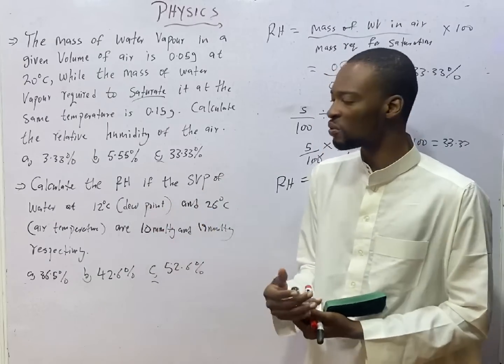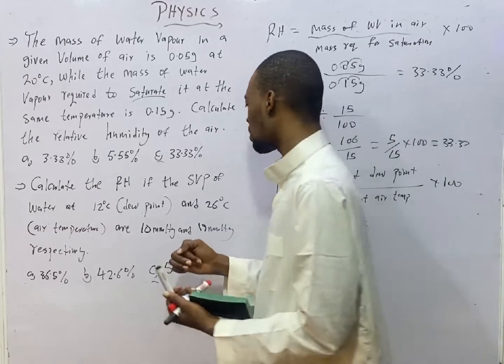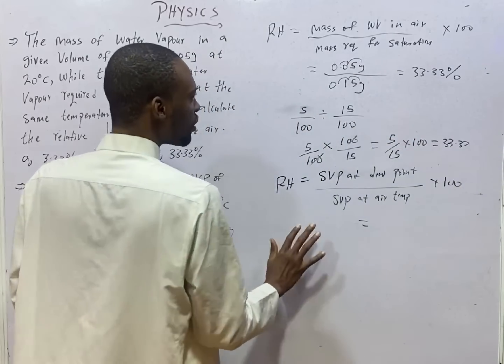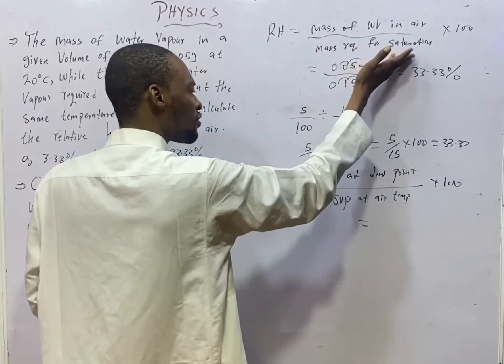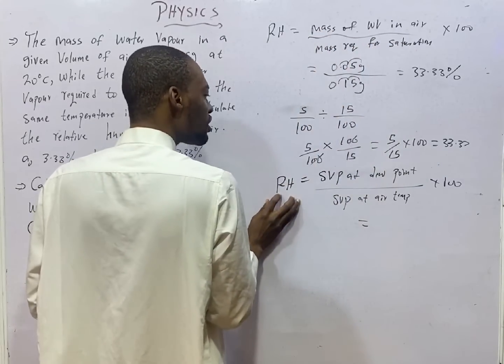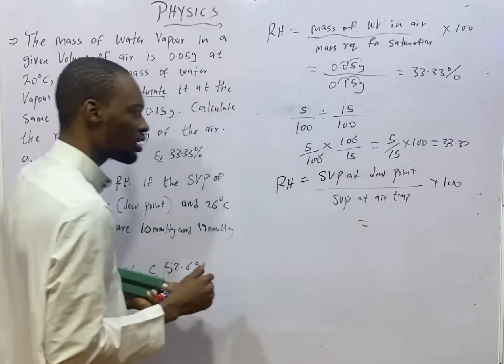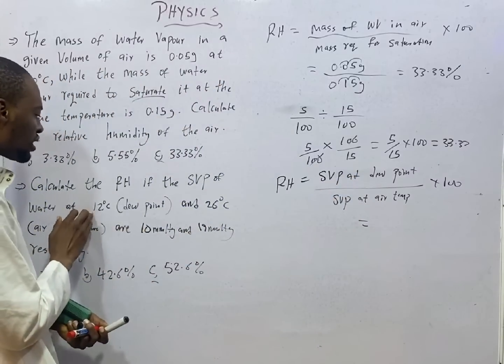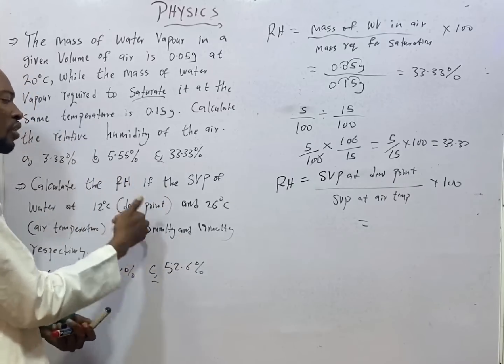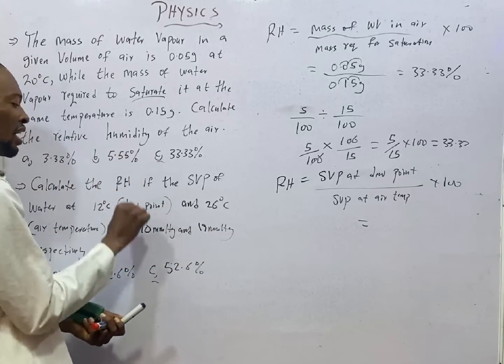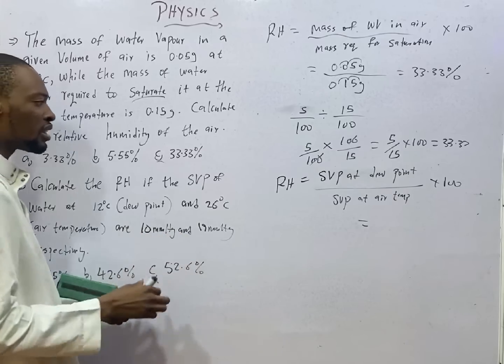With this, we have what we need to calculate relative humidity, because apart from the mass of water vapor in air over the mass required for saturation, relative humidity is the saturated vapor pressure at dew point over the saturated vapor pressure at air temperature. The dew point here is 12 degrees Celsius, with a saturated vapor pressure of 10 millimeter mercury.